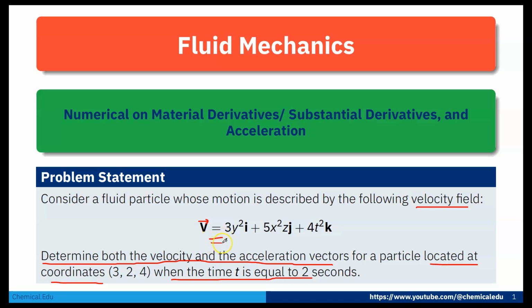We can write it component-wise as u i plus v j plus w k, where i, j, k are unit vectors, and u, v and w are the components of the velocity. From this velocity vector we can easily write u is 3y², v is 5x²z, and w is 4t².